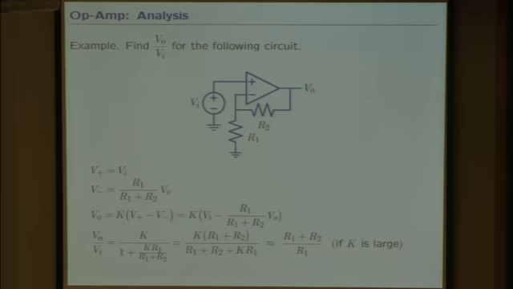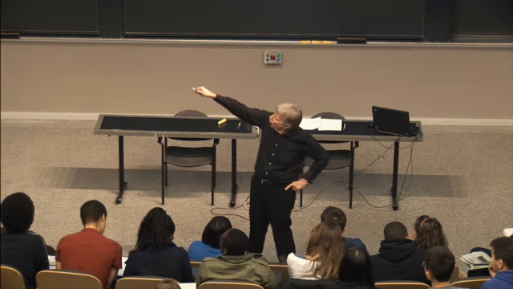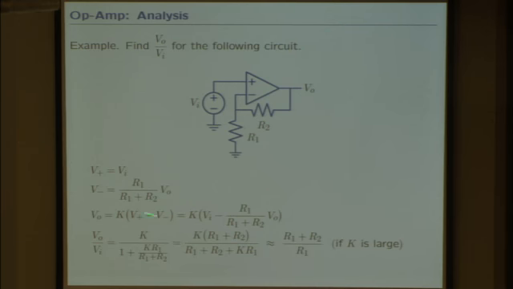Then according to the voltage-controlled voltage source model, V out should be k times the difference between the V plus and V minus. So I just substitute in for V plus, this guy, VI, and for V minus, this guy. Do some algebra.